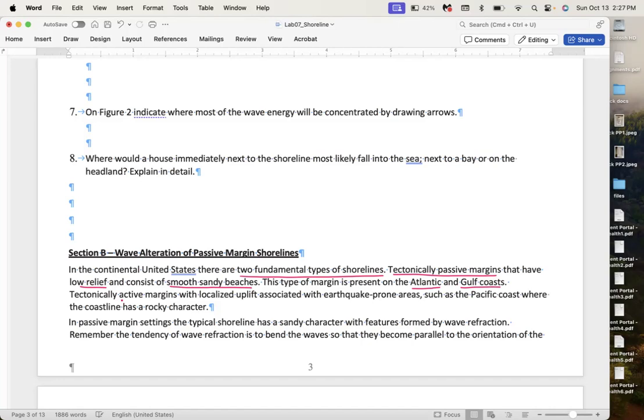If it's tectonically active, meaning it's coming up relative to ocean surface, this would be the Pacific coast. And the coastline has a rocky character because of the wave energy that impacts, and it moves the sand either offshore or into various areas where it's not accessible.